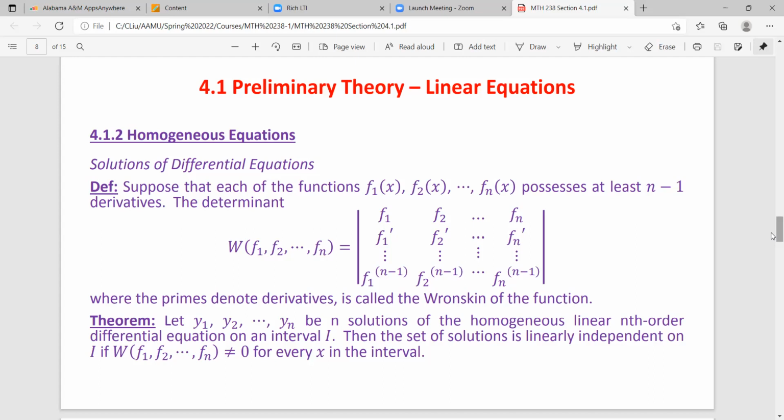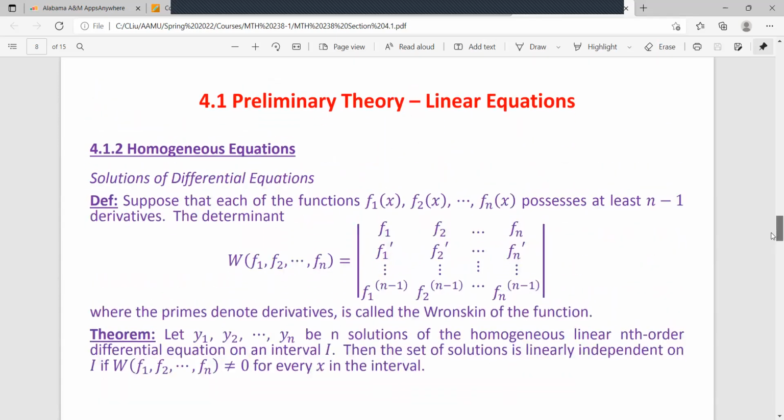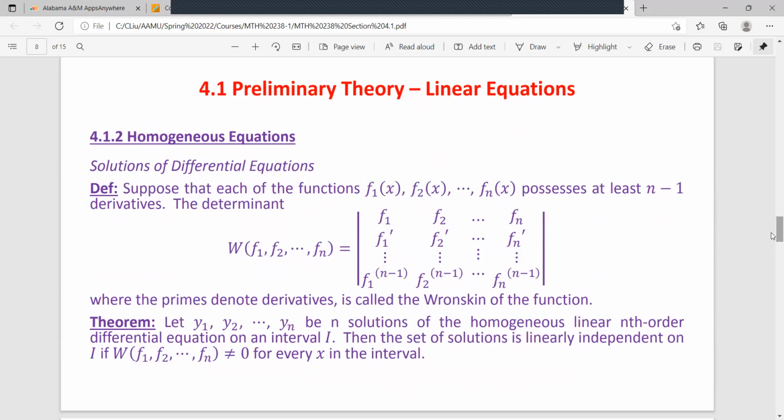So if this Wronskian is not 0 for every x in the problem we consider, then these n functions are linearly independent. All right, we did a few examples last time by using this criterion to test linear independence of functions.